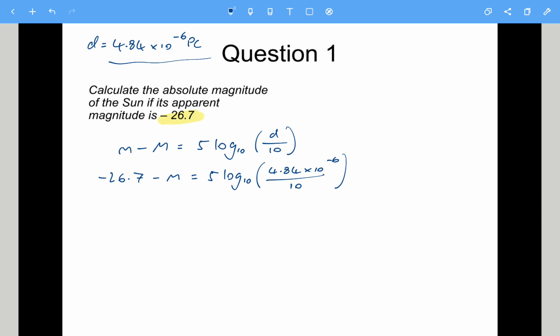So log to the base 10 of that calculation is minus 6.315, and then you need to times that value by 5. So what we end up with is minus 26.7 minus the absolute magnitude equals minus 31.576. Then you just need to rearrange to find M. So I'm going to times it all by minus 1.